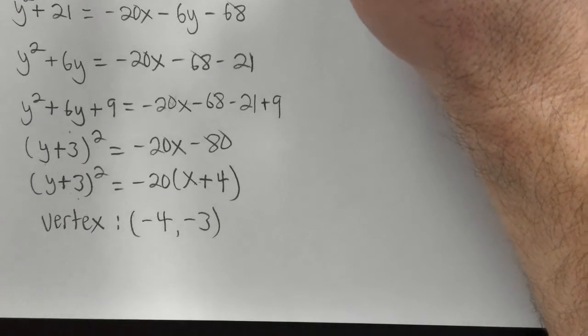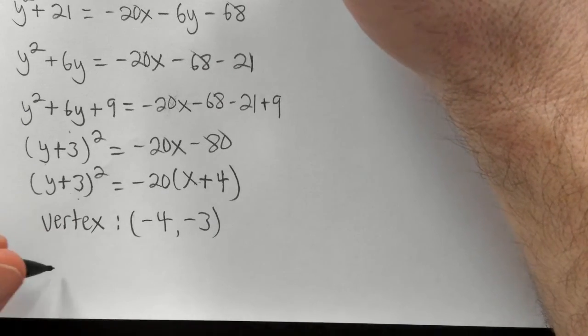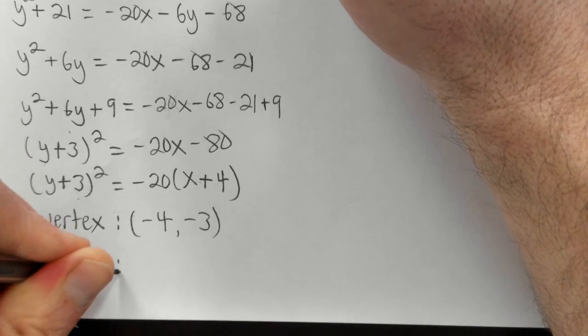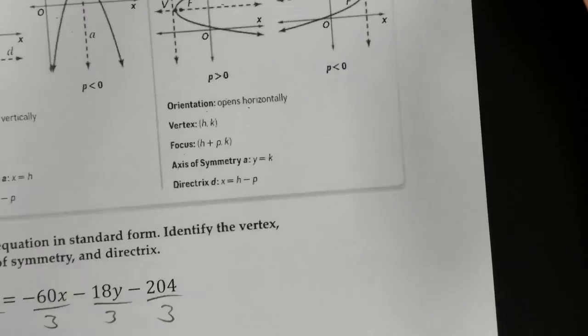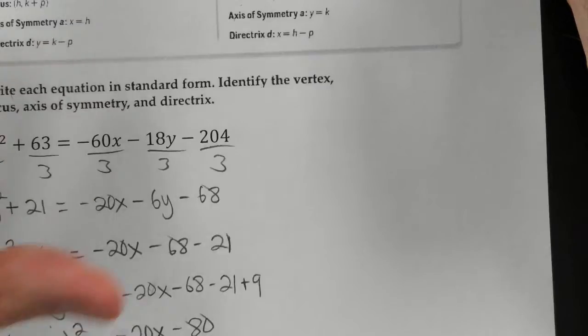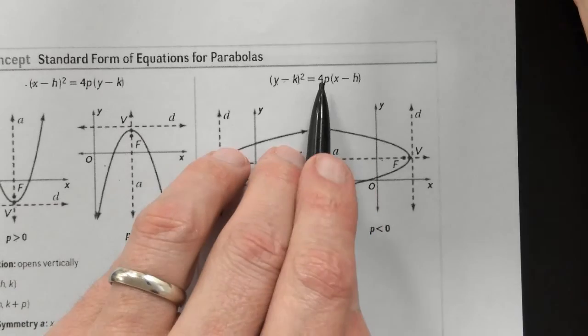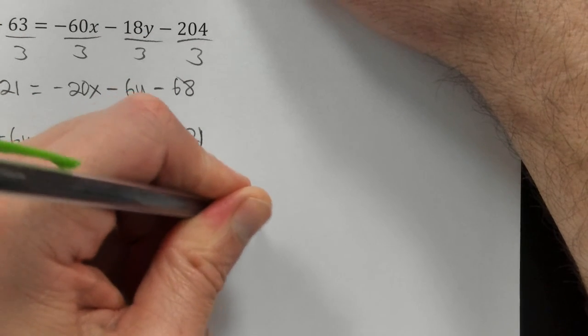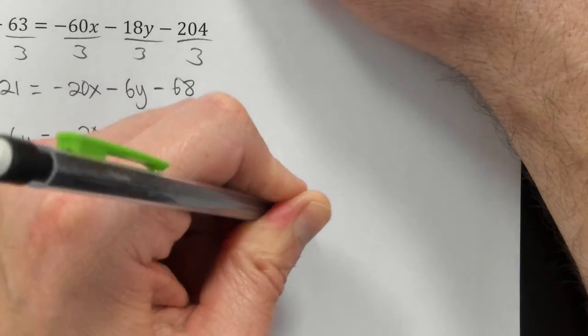Let me see here. The focus is what we're looking for next. And so the focus is going to be h plus p comma k. So I need to find the value of p. Well, remember, whatever's outside of here is 4p. Okay? So what that means is 4p equals negative 20, right?